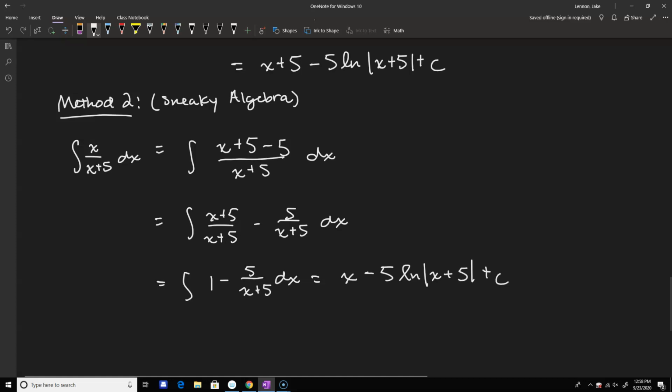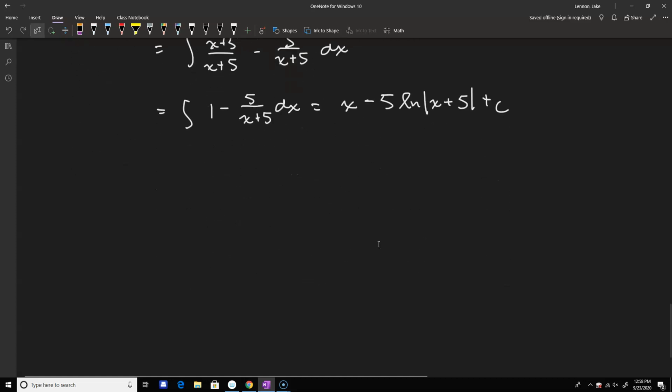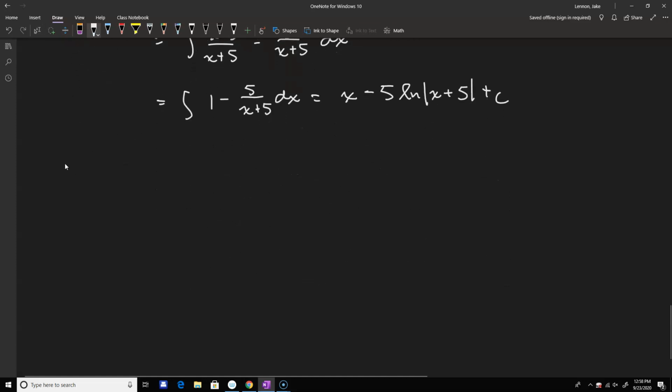So let's go ahead and look at a couple more. Let's look at what will happen when we involve definite integrals. We can actually do definite integrals as well, with u substitution.